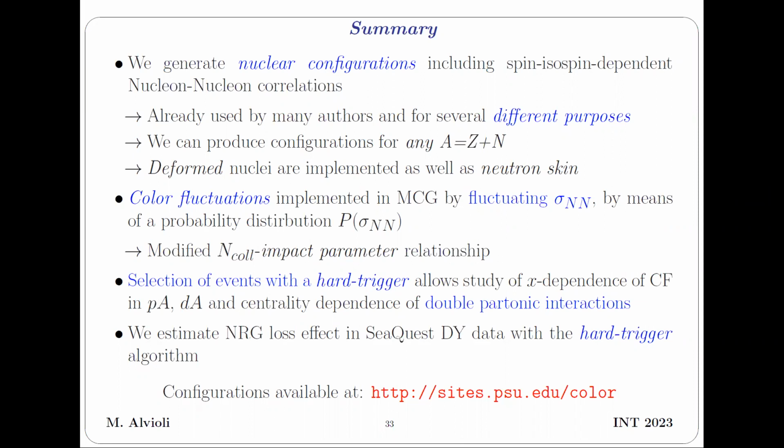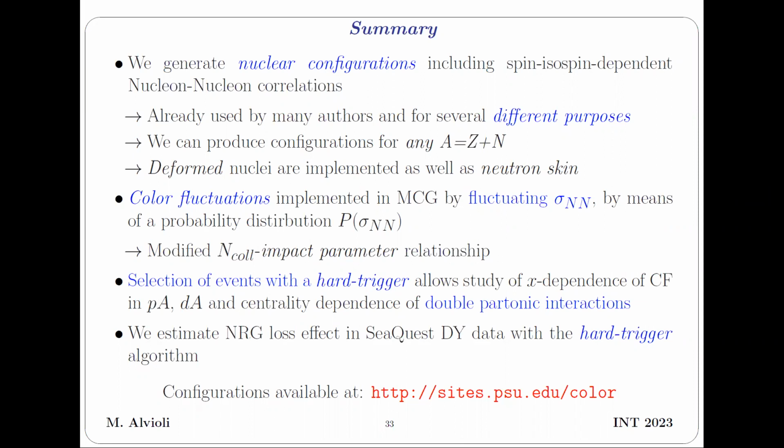We can produce with our Monte Carlo configurations for any nucleus with any number of protons and neutrons. We can implement the formation of nuclei. We can implement neutron skin as long as we have accurate parameterization of the proton and neutron single nucleon profiles.